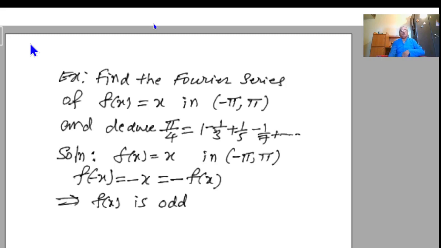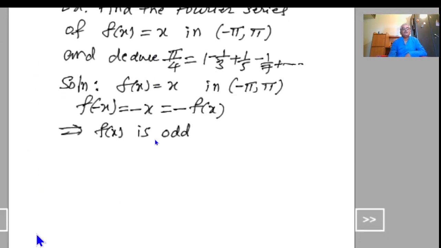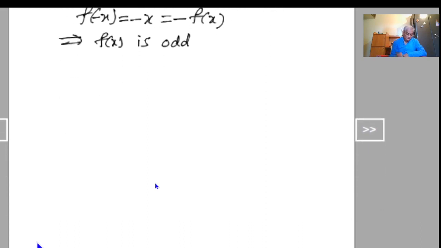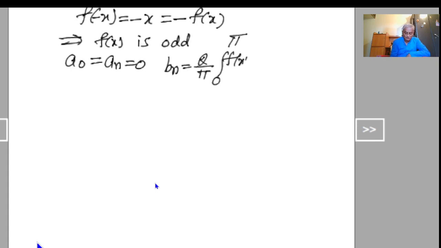If f of x is odd, then a naught is equal to a n is equal to 0, and bn is equal to 2 by pi integration 0 to pi f of x into sine of nx dx. So we just have to find out bn.